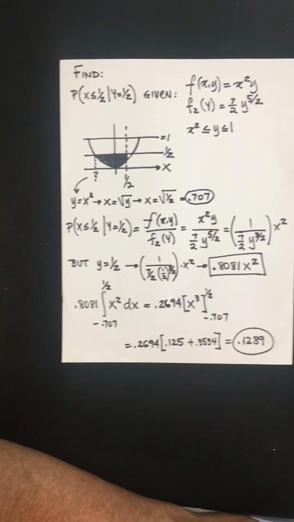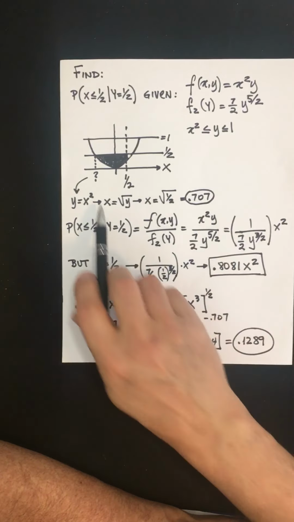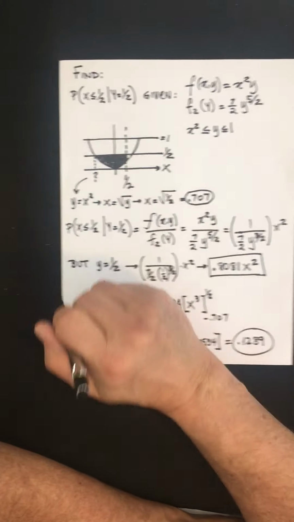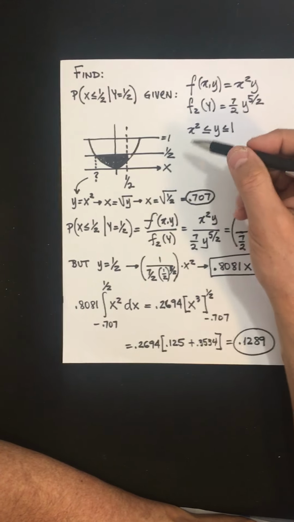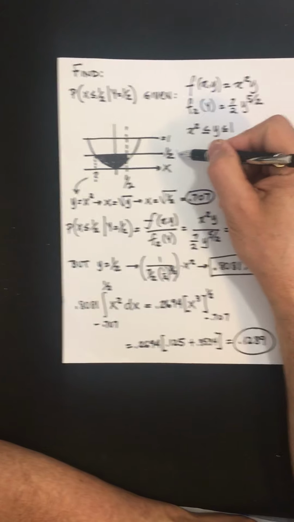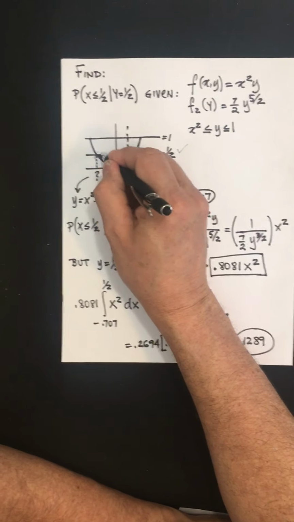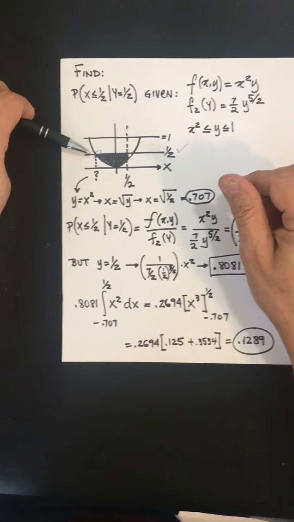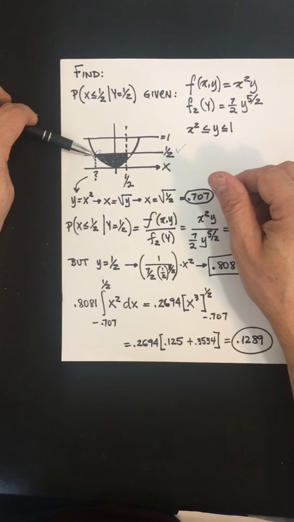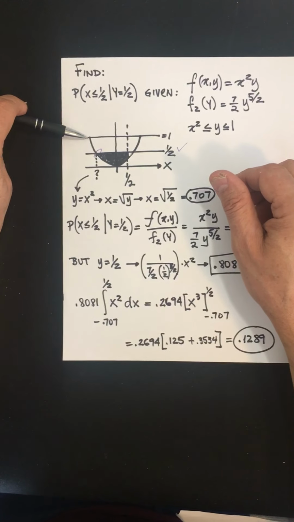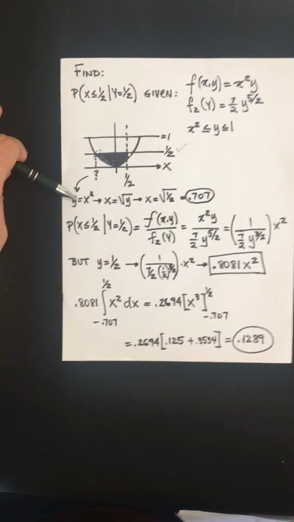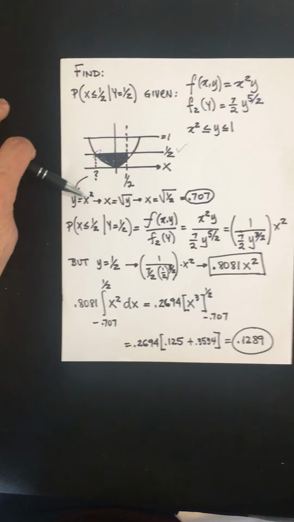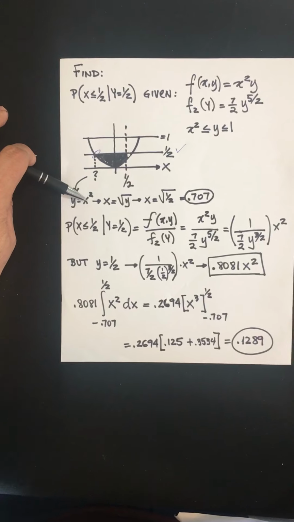So the question becomes, what is the lower limit of integration for the x? Well, what happened is that x is less than half, so this line is passing on this intersection point. So the x is not minus 1, it's some other number. Here's how you find it. You know that this is a quadratic, so y equals x squared.